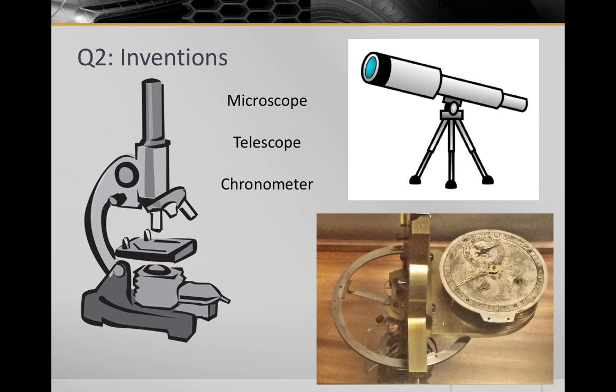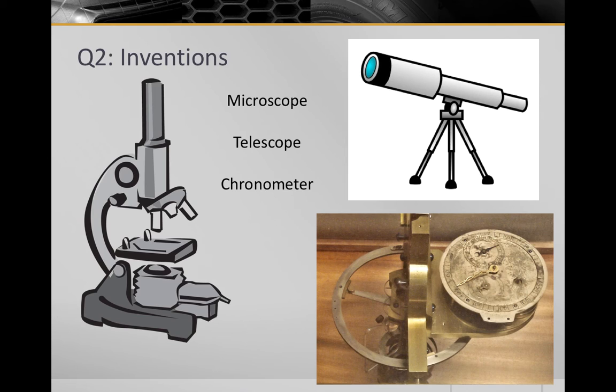So this technology was going to aid very much in the study of astronomy, which is studying the planets and other heavenly bodies of the universe. The last invention is what we call the chronometer.